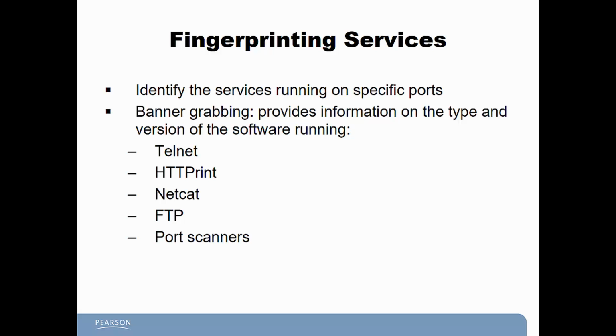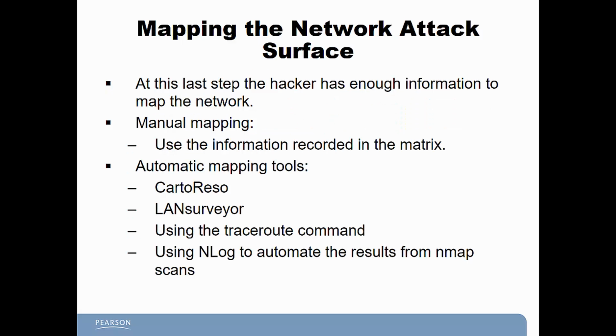We may be able to get the actual platform that's hosting it. So there's some options there. All of this leads to being able to map the attack surface of what we're trying to go for. Some of the automated mapping tools are out there, like traceroute or Inlog to automate results from Nmap scanning. Or there's other tools out there so that we can help figure out the attack surface.